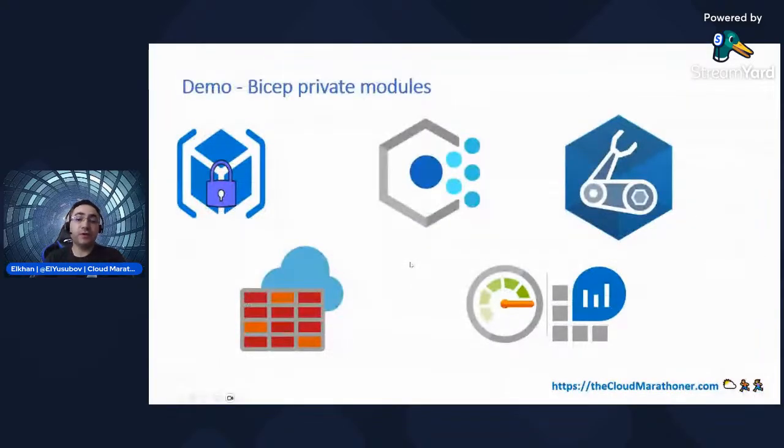So now before jumping into private modules, Azure Bicep private modules, let's look at what it actually brings to you. Before Azure private modules, the people who worked with Bicep may say, okay, we have modules, right? So why should we use private Bicep modules? And the answer to that question is simple.